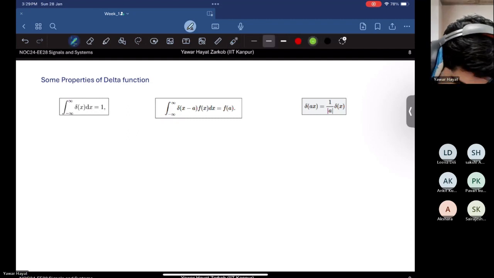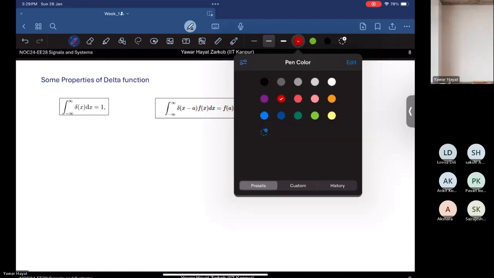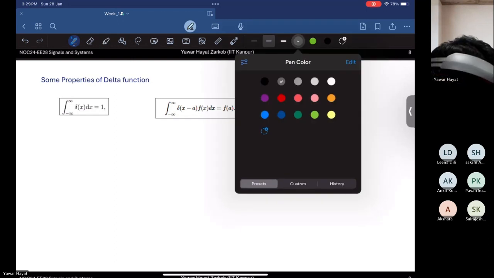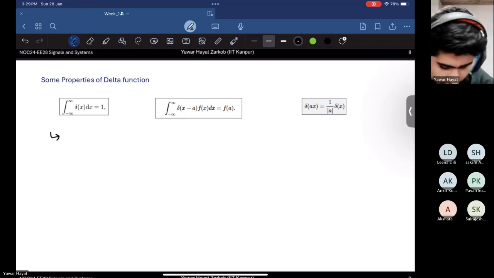Let's see how we prove this property. The argument we can give is this.